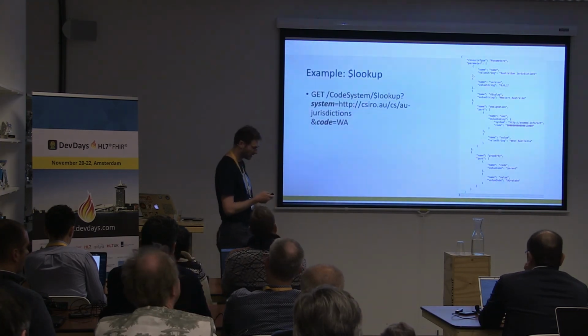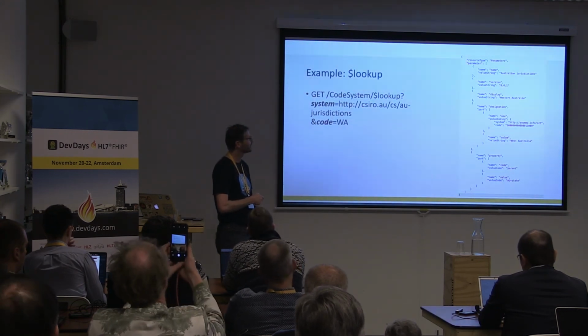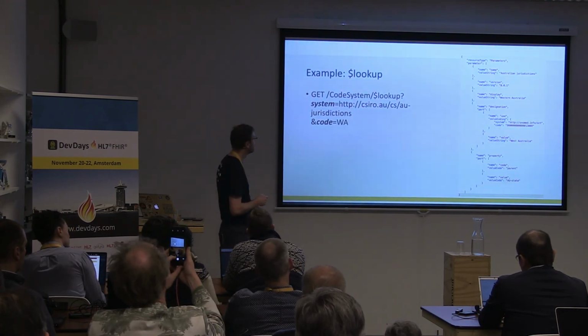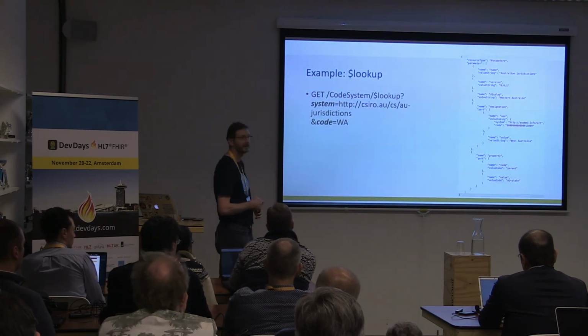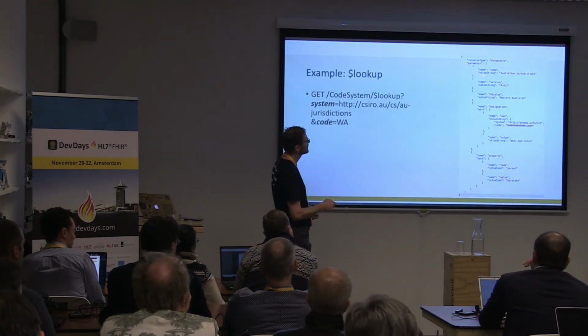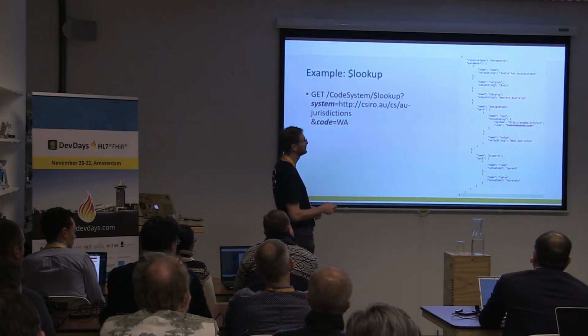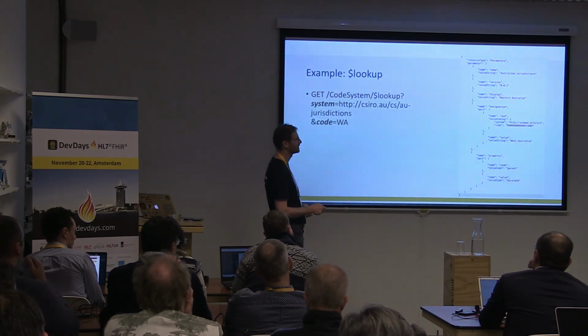Here's an example. This is a lookup on a code system that I've defined for the Australian jurisdictions, and I'm asking what information there is about the code WA. It comes back with a parameters object. It says the name of the code system is Australian jurisdictions, the version is this, and the display of the code you've asked for is Western Australia.